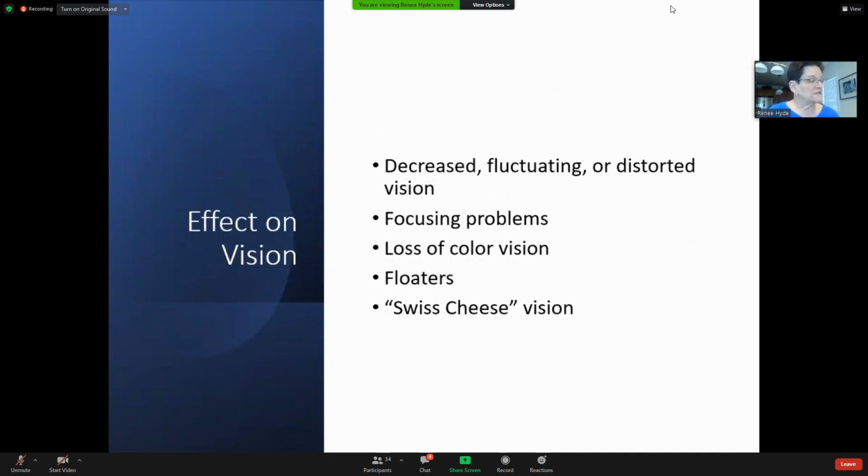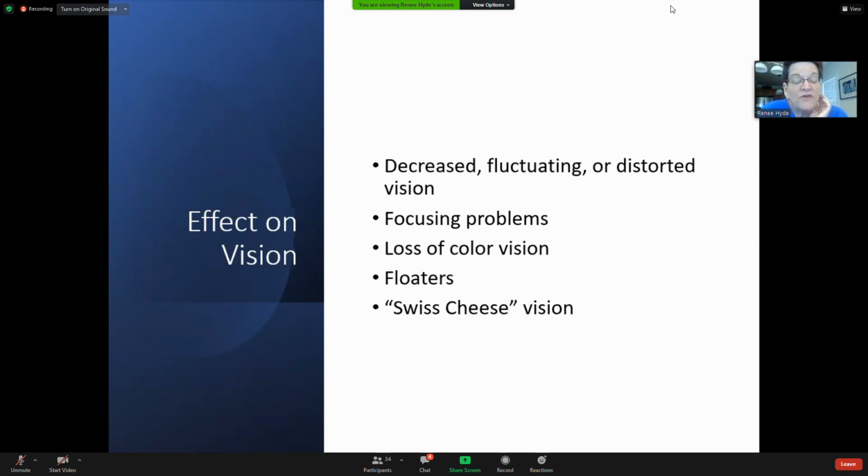Now, what does it do to vision? Typically, you see decreased, fluctuating vision, meaning it changes. Sometimes it's very sharp and sometimes it's very blurry. You often get distorted vision. People with diabetic retinopathy have problems focusing because remember, with that macular edema, the images are not sharp on that retina.